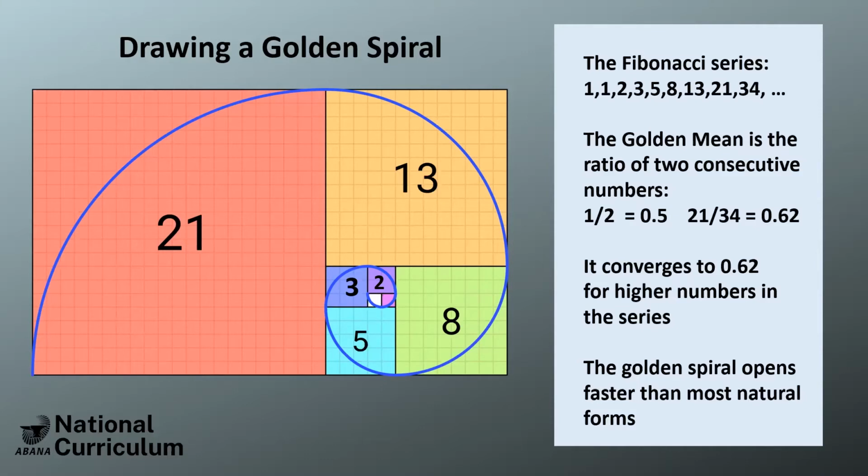It's based on the Fibonacci series of numbers. You start with 2 ones, and then you add those, you get to 2, and then you add the last 2 and 1, and you get to 3, and then you add the last 2, 2 and 3, you get to 5, and so on and so on. And that gets you to the golden mean.